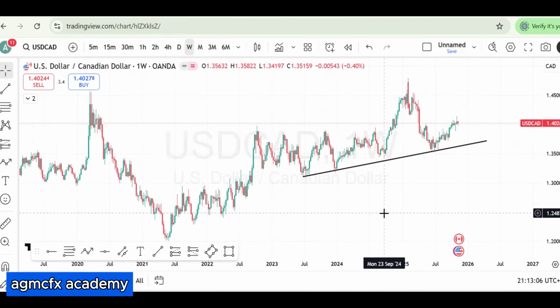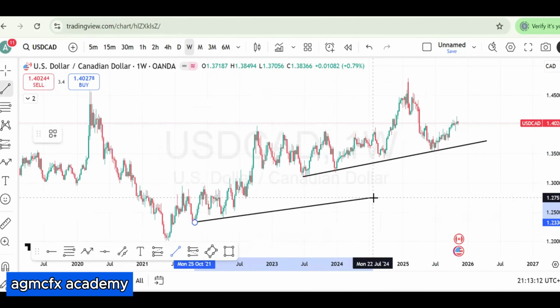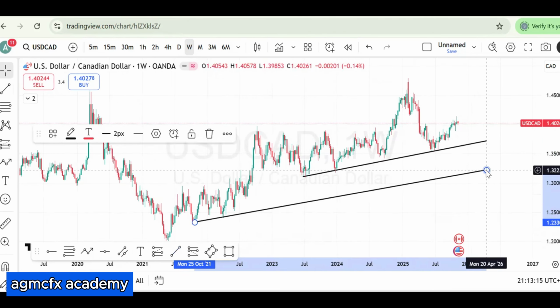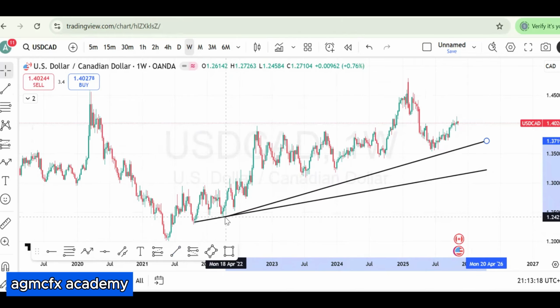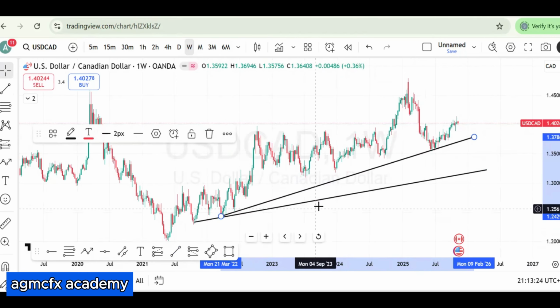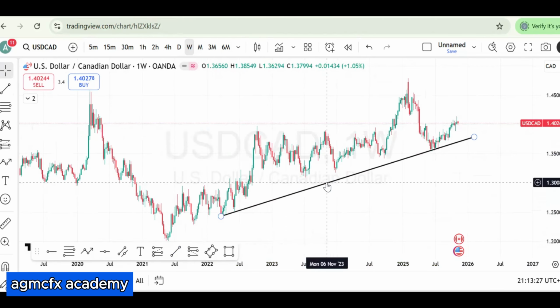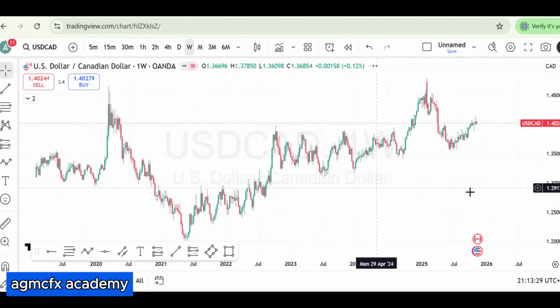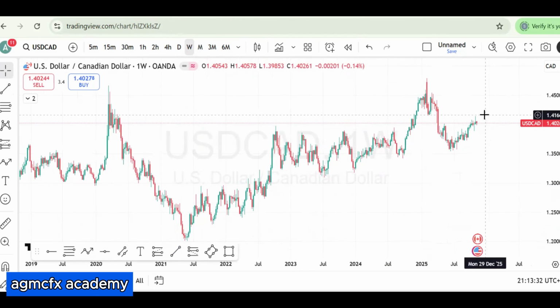Let me see from this level. Yeah, minor uptrend. All right, so this is the area at which we want to trade for this week.